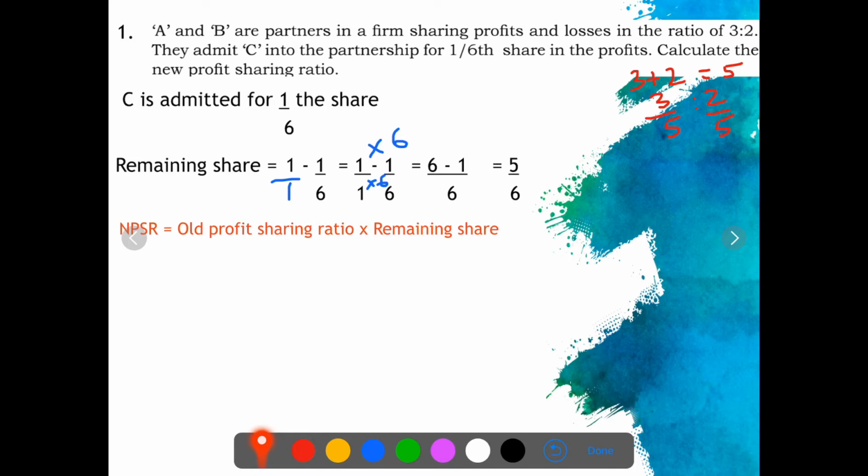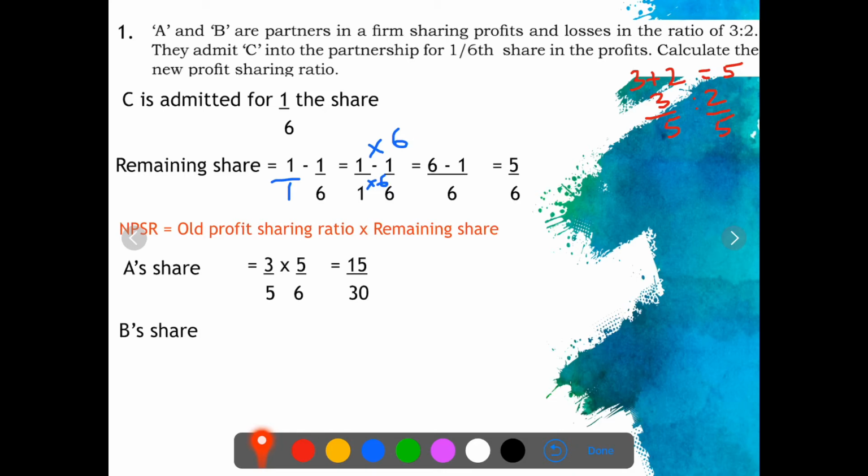So let's calculate for A. A's share is equal to old profit sharing ratio 3/5 into remaining share 5/6. Since we are doing multiplication, we can directly multiply. 3 fives are 15, 5 into 6 is 30. So 15/30.